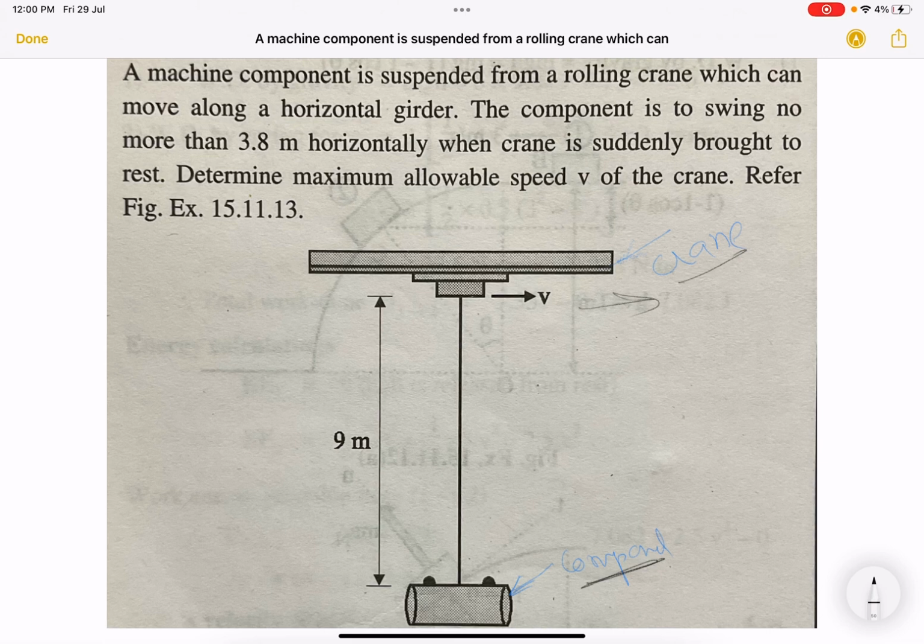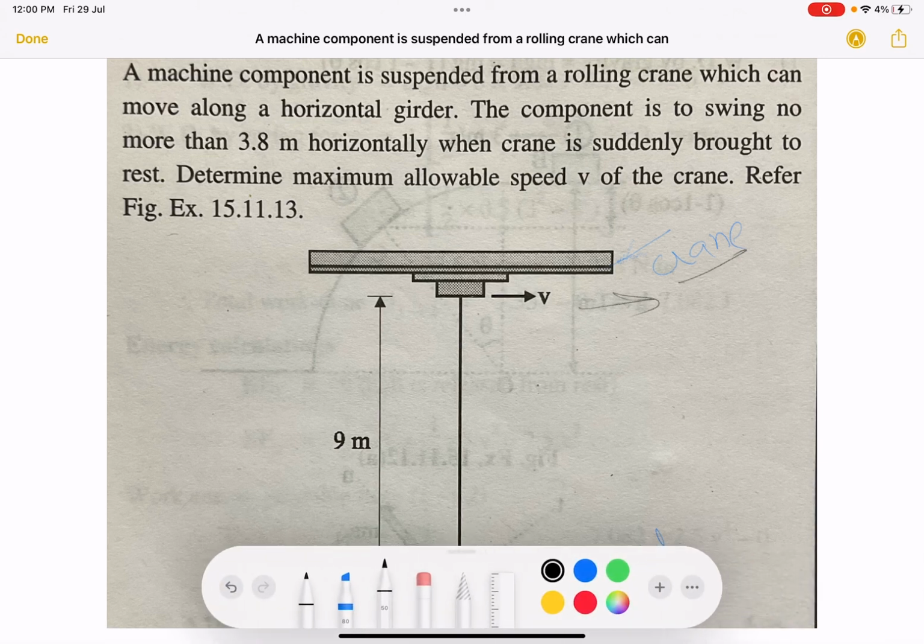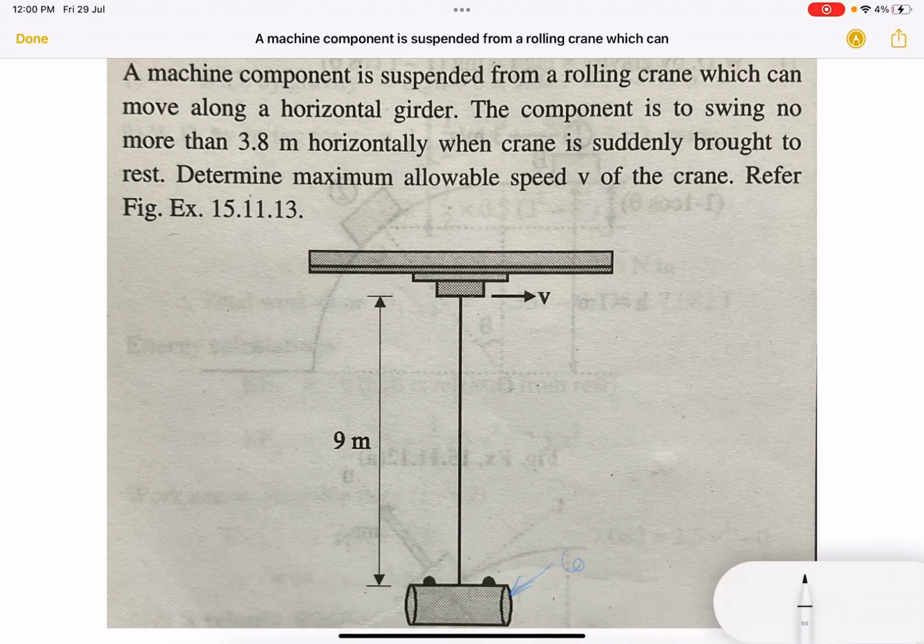So let's imagine that because of this stoppage of the crane, the component has now moved to the right. Let's say it comes somewhere here, right?